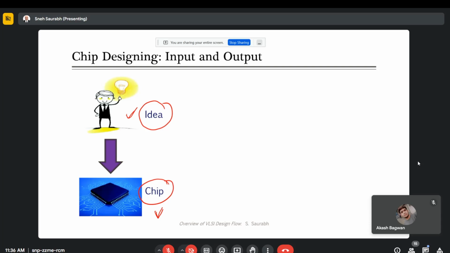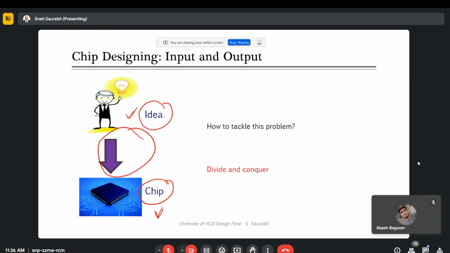So this is what various tasks are carried out in this journey from idea to chip. That is what is known as VLSI design flow, right? Now this is a very complicated problem, going from the idea up to the chip. And therefore this complicated task we want to solve using what is known as the divide and conquer technique.